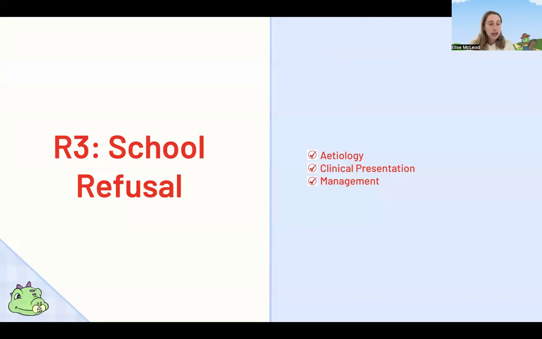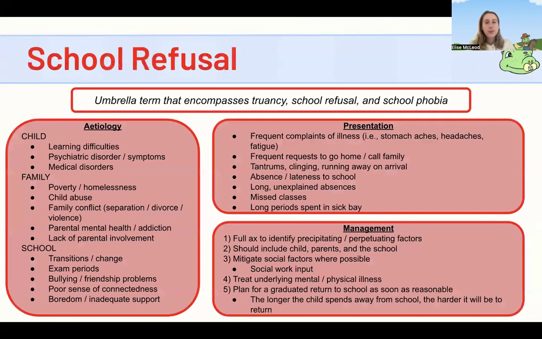Just touching quickly on this one R3 condition, which is school refusal. So it's a term that encompasses truancy, school refusal, and school phobia. So it's really important to look at this. I guess if we go quite psych focused and we look at that Bronfenbrenner micro macro system.